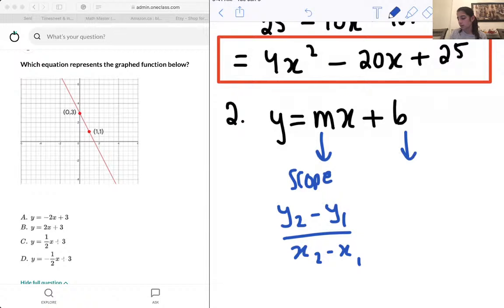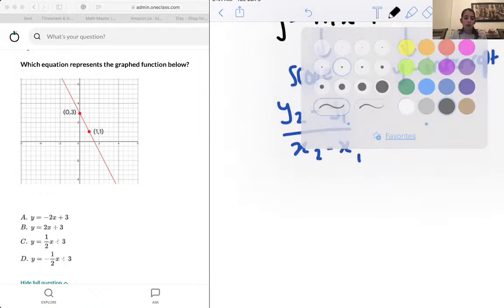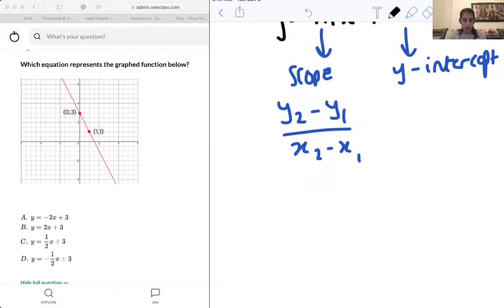And b, we all know, is the y-intercept, and that is where the line or the function intercepts the y-axis. So, using all the information that we are provided with, we know that it's a negative slope, so it has to be y equals negative mx plus b.